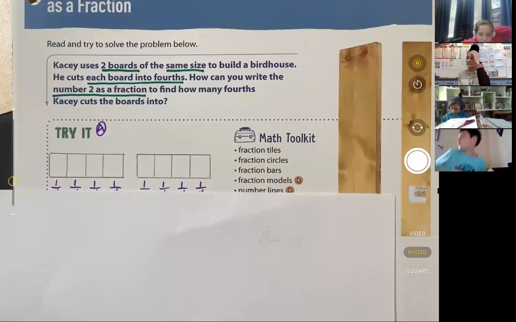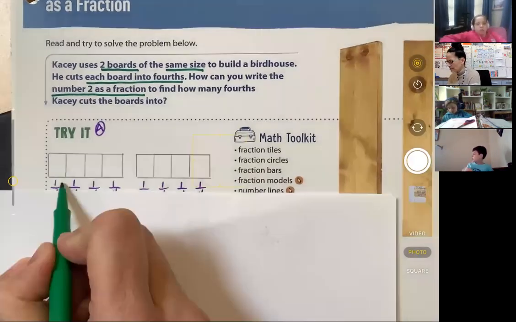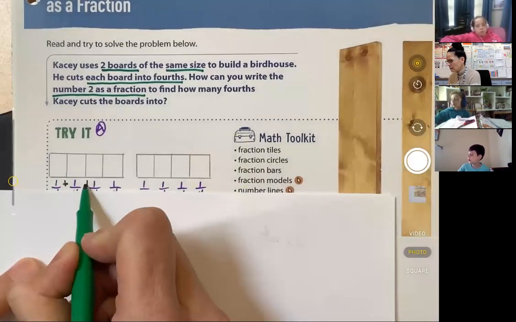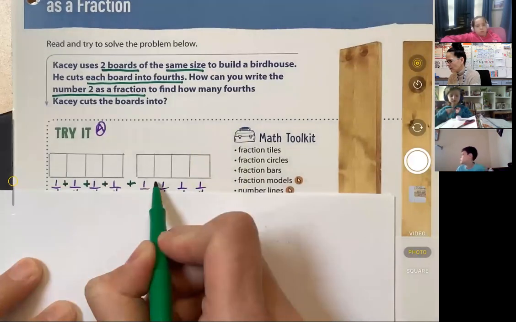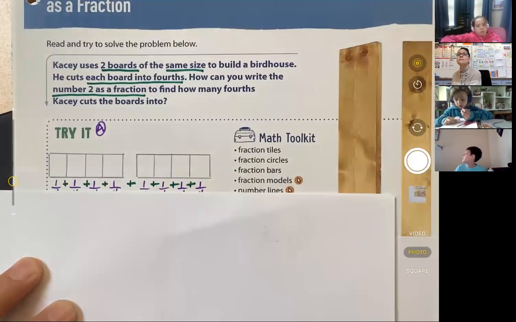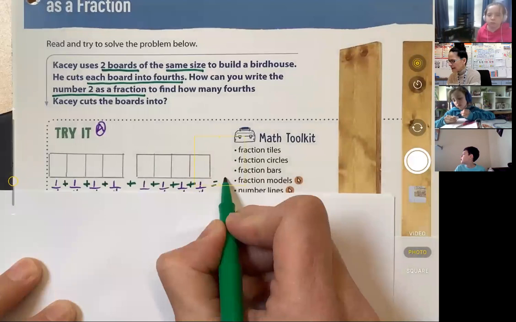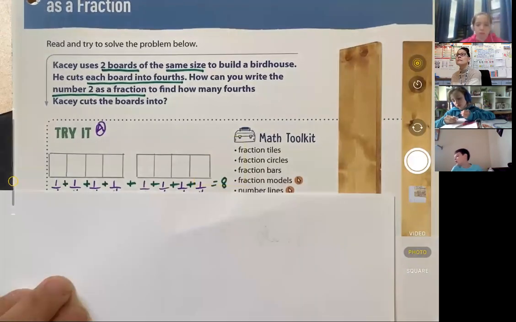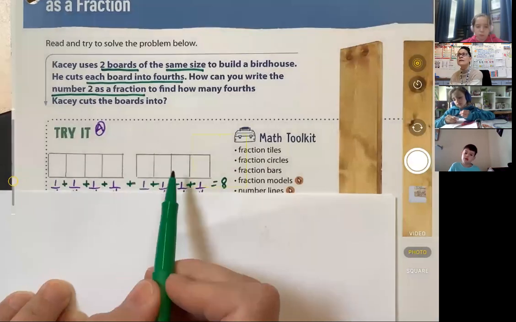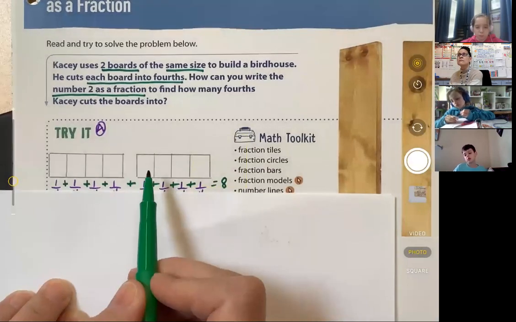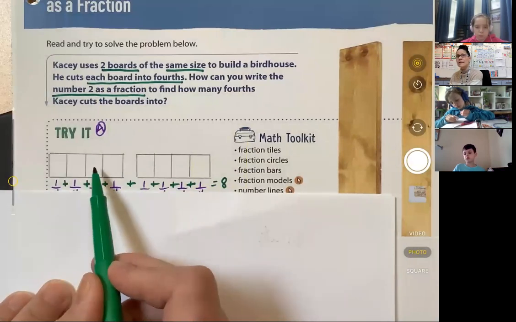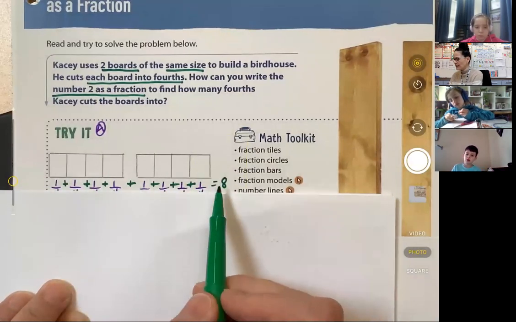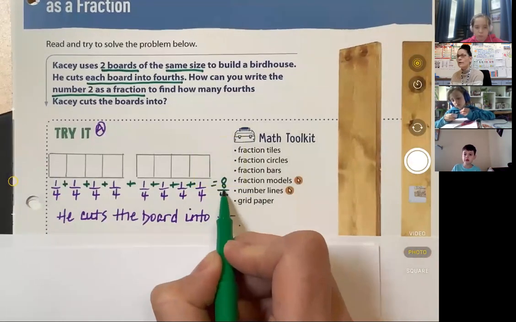You could just take 1 plus 1 plus 1 plus 1, adding all those together, that, my friends, is 8 parts. Does the denominator change? No, it does not, because we're not changing how many parts are in a whole. We're just simply adding up the parts in each whole. We have 4 here and 4 here, and that equals 8 fourths.